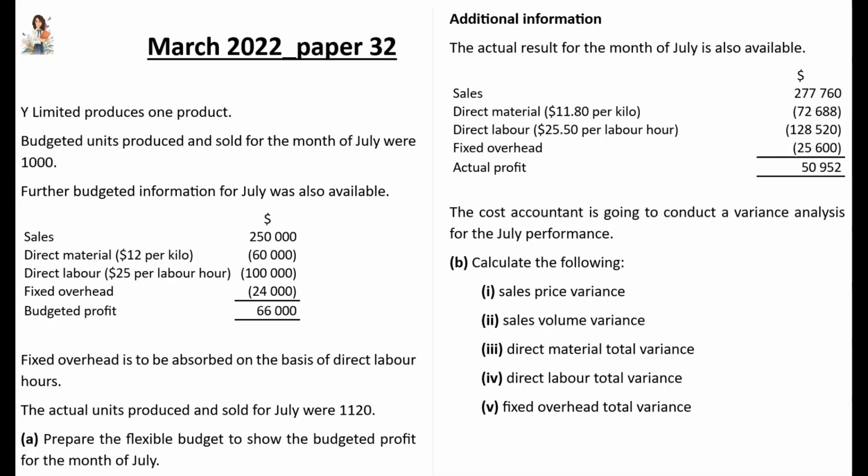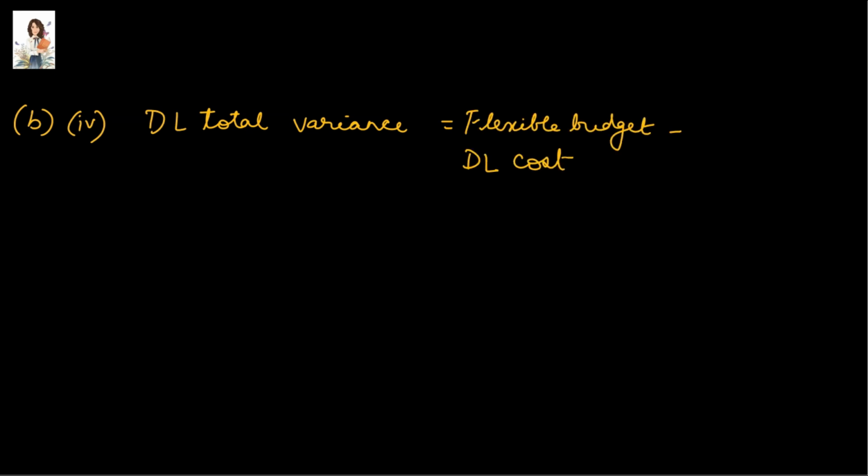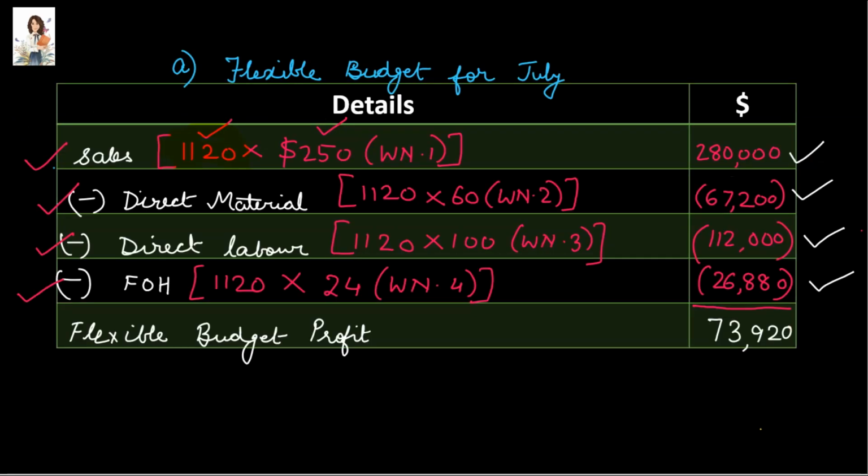In part B4, we find the direct labor total variance. So we'll write the formula. Direct labor total variance is equal to flexible budget direct labor cost minus actual direct labor cost. I have already discussed this formula in my material and labor variances video. Previously, in part A of our answer, we have found the flexible budget direct labor cost.